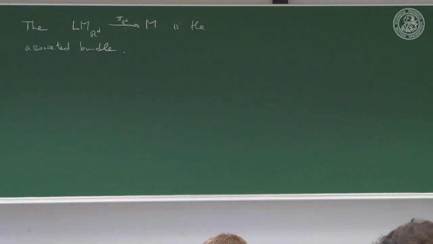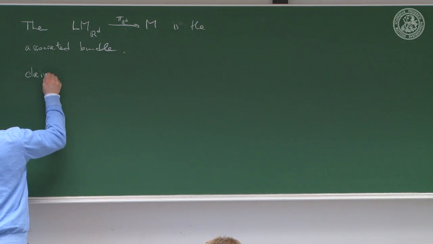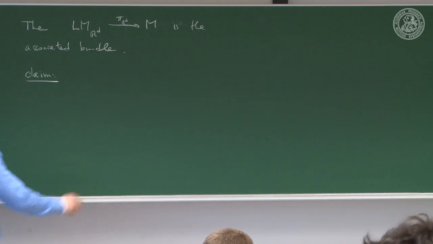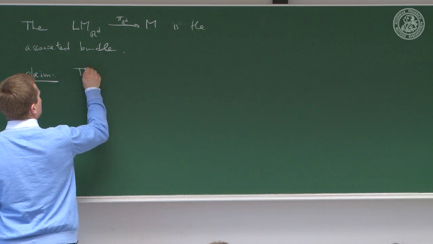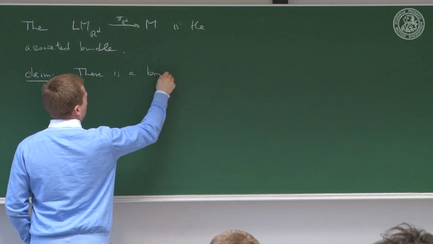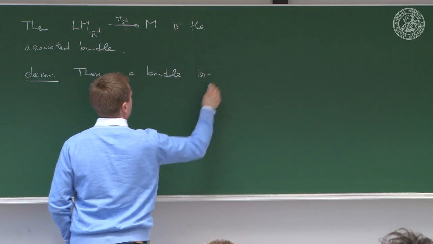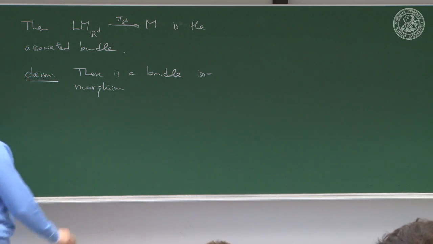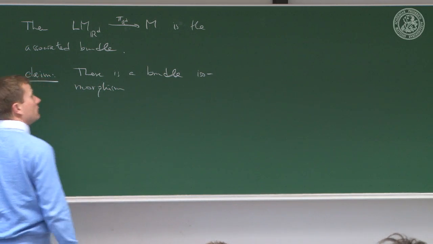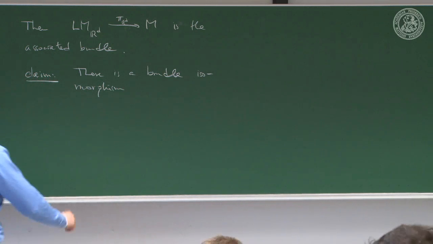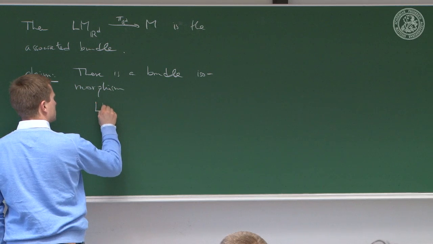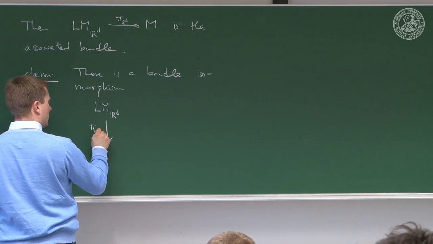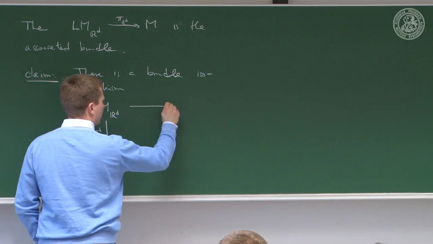Now, however, there is a claim. Once you have this, I have the following claim, that there is a bundle isomorphism that takes you from this thus constructed bundle, L_M with fiber R^D, pi_{R^D} down to M. Now I have a bundle morphism.